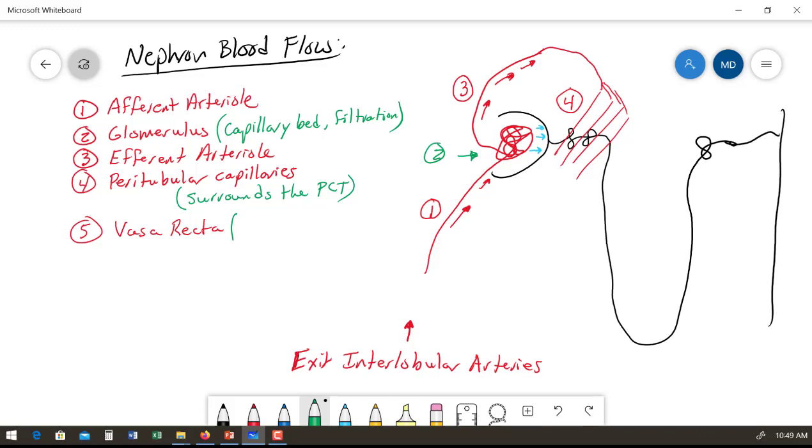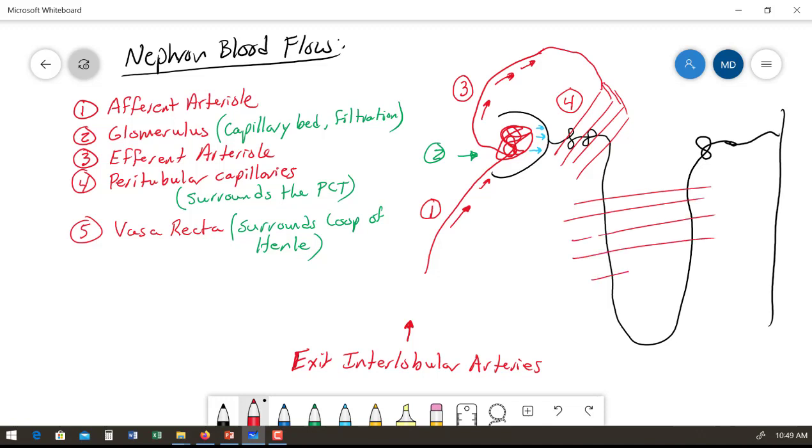And the vasa recta actually surrounds the loop of Henle. So vasa recta surrounds the loop of Henle. And here we are starting to get a transition from oxygenated to deoxygenated, but I'm going to keep it as oxygenated. So basically, the vasa recta is going to overlay the loop of Henle.